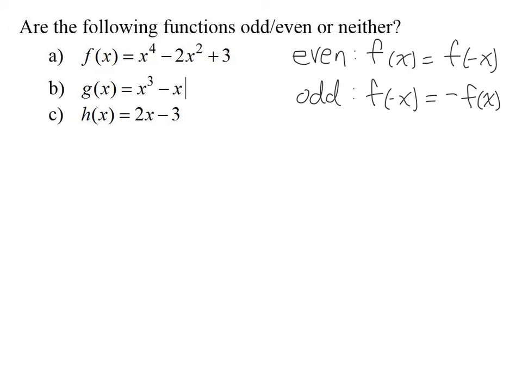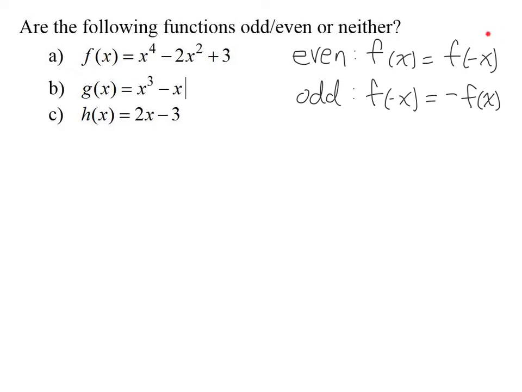Are the following functions even, odd, or neither? Alright, in order to prove whether functions are even, odd, or neither, an even function is when f of x equals f of negative x.